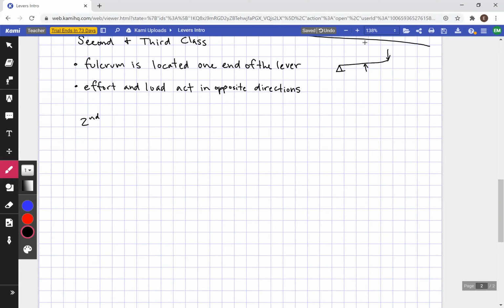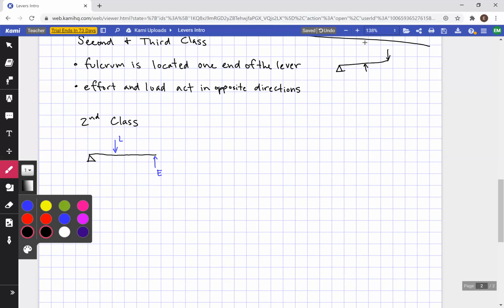So a second class lever, we'll draw this setup one more time. We have a fulcrum at the end. Now a second class lever has the effort at the other endpoint and the load somewhere in the middle.